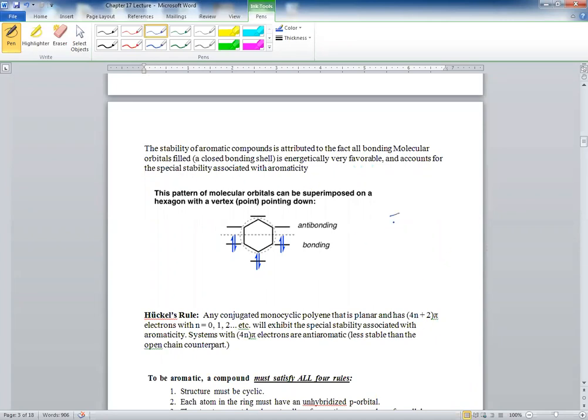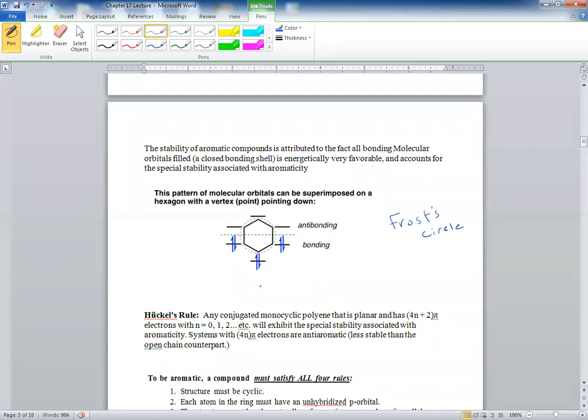There's something called Frost's circle. You can think of it this way: you have the bonding molecular orbitals, and you have the anti-bonding on the top. Anti-bonding, in a way, you can say they're bad for the system. They cause the system to be less stable.